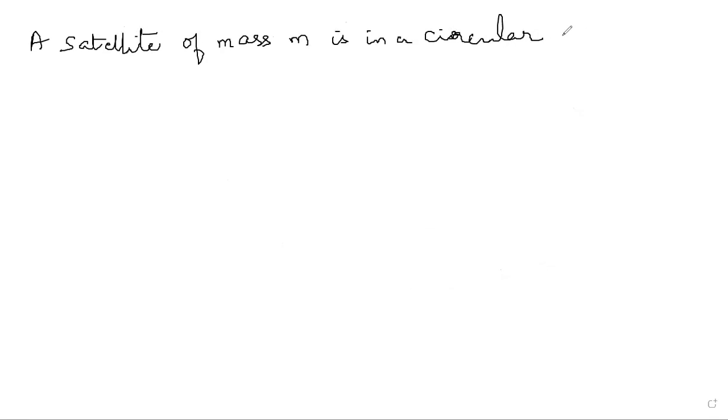The next problem is: a satellite of mass m is in a circular orbit of radius 2 RE, 2 times the radius of the earth, about the earth.